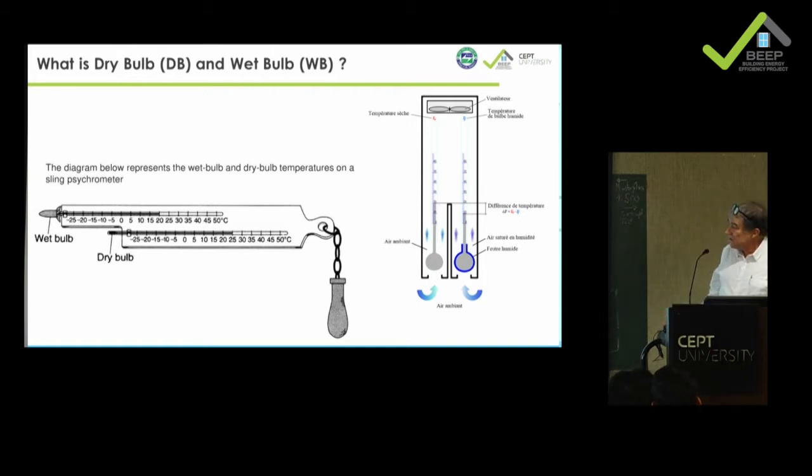Here, this is a typical thing that is used often in India and in many places in the world. This is called the sling thermometer. You have a handle, a chain, and then you rotate the two thermometers here. This one is dry, and this one has the wet bulb. That means you have this moisture.